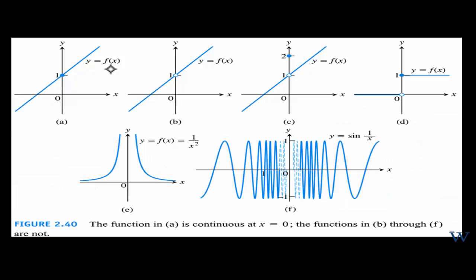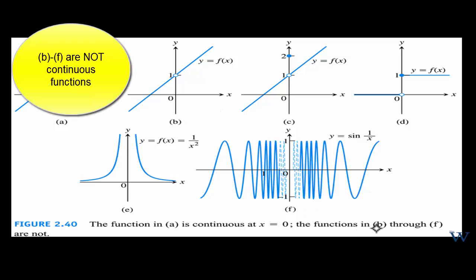Let's recap. First of all, among these functions from A to F, only A is continuous. Of course, in particular, it's continuous at every point, but we just look at x equal to 0. But from B to F, all the functions are not continuous.